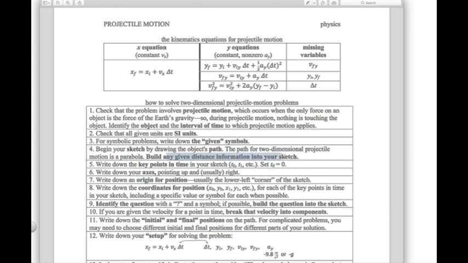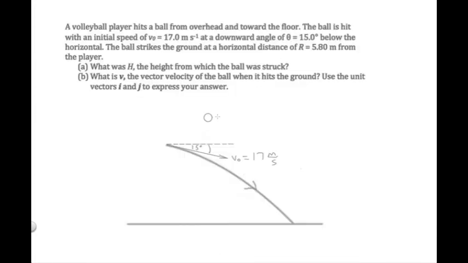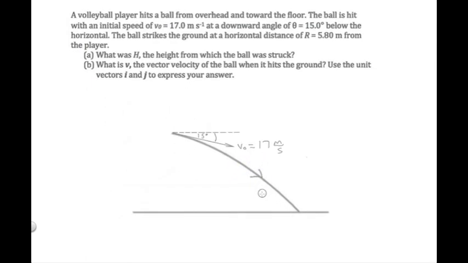Now we want to start building as much information as possible into our sketch. Well, we were given this horizontal distance, so let's build that information into the sketch. Is this a good way to build into the sketch? No, because I didn't include the units.